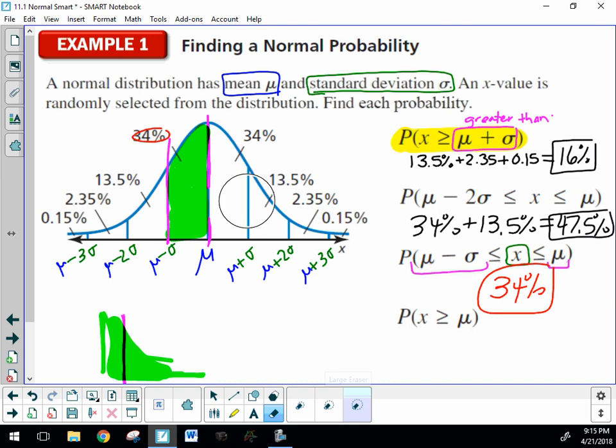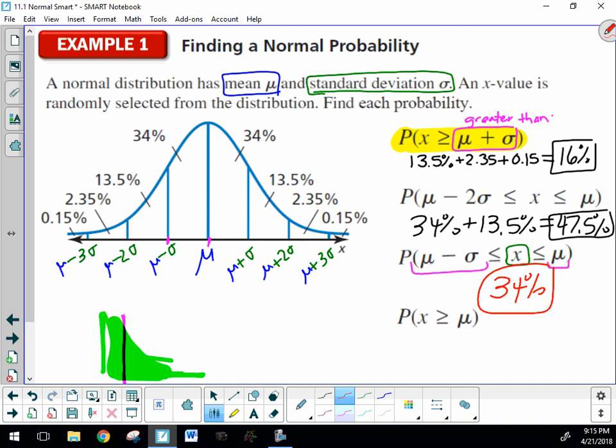Okay, last one. This one says, what is the probability that x is greater than mu, greater than the mean? Well, the mean is dead center. So when it asks you what's the probability of x being greater than the mean, that would be all of this stuff.